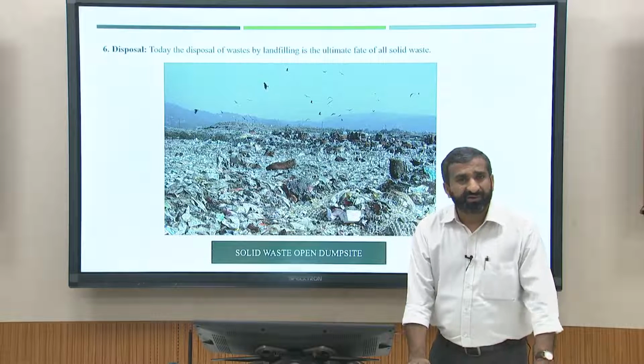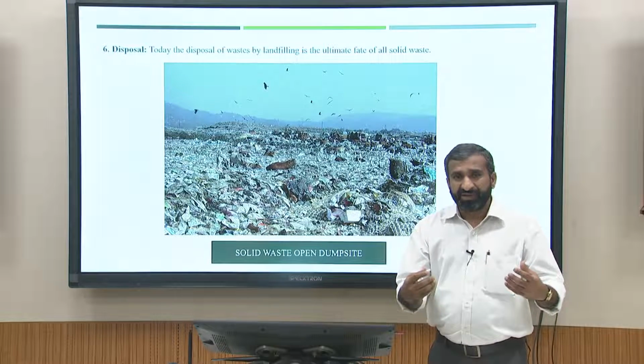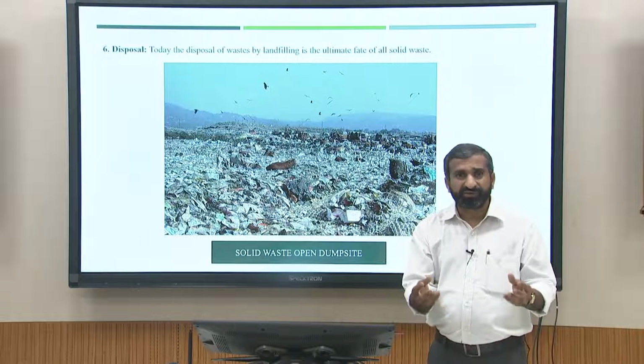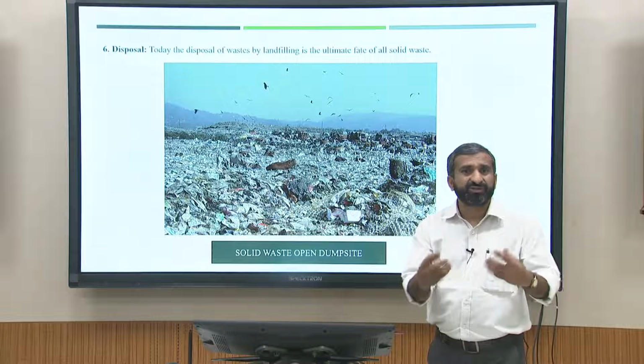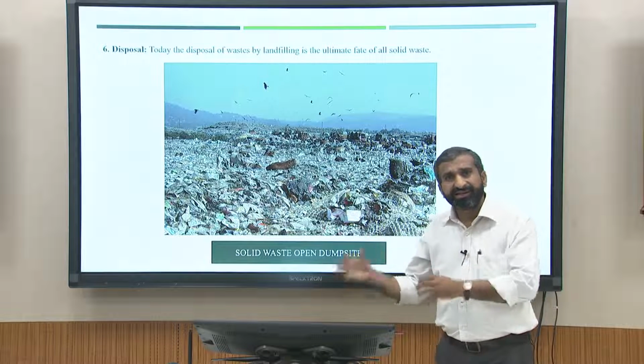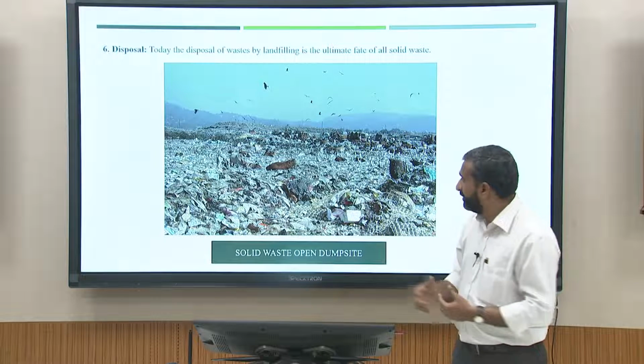But now it is good: under the Swachh Bharat Mission it was proposed that the waste has to be segregated at source, at the household, and this segregated waste has to be collected very well and properly treated, and only then should it go to the disposal site.